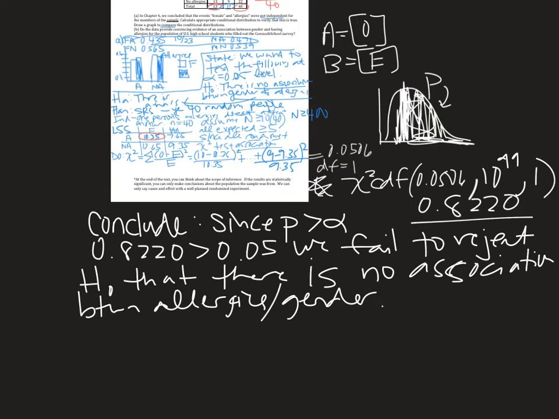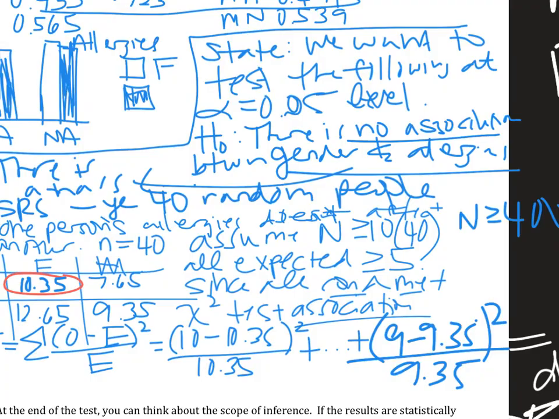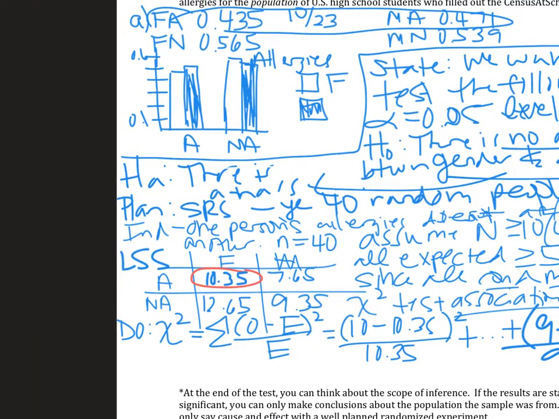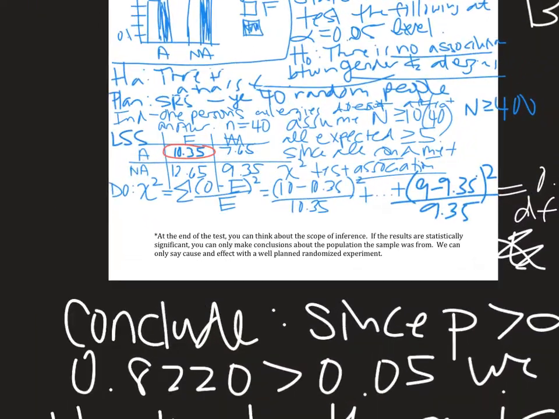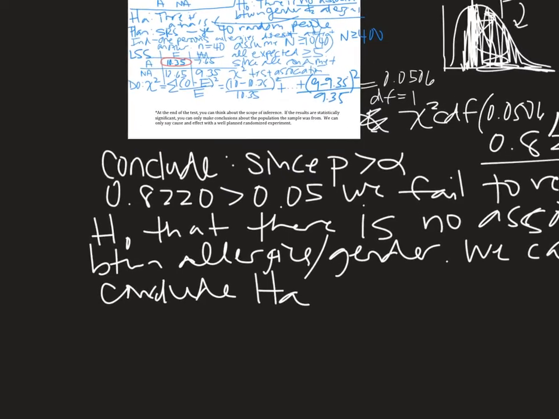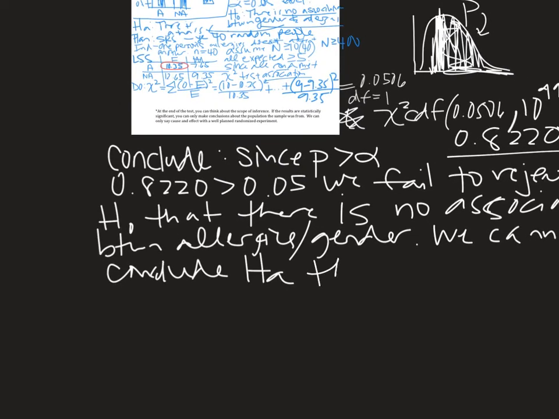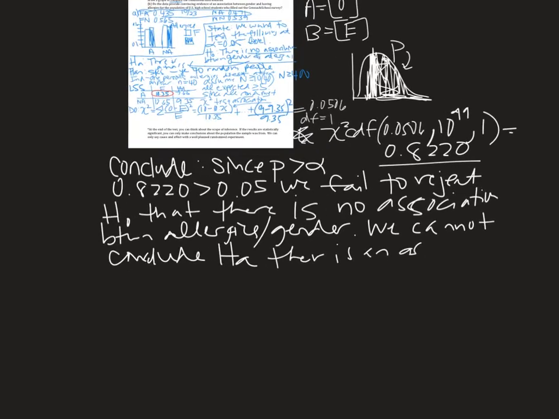And we cannot conclude the alternative. You always forget, go back to your alternative. Where is it? I just erased that with the white marker. Conclude that there is an association between those two things.